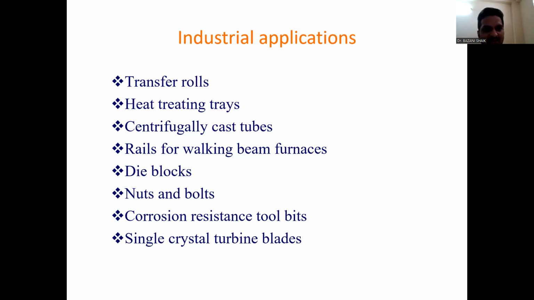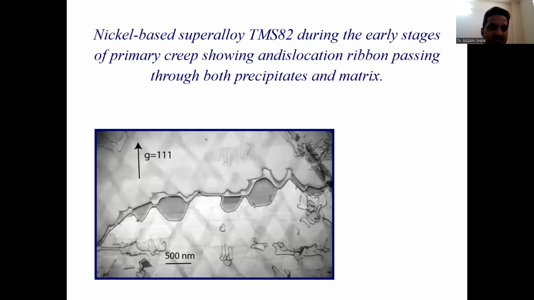It also has rails for walking beam furnaces, die blocks, nuts and bolts, and corrosion resistance in tool bits and single crystal turbine blades. These conditions are satisfied for many other industrial applications.